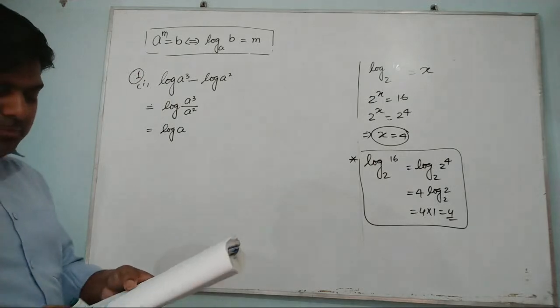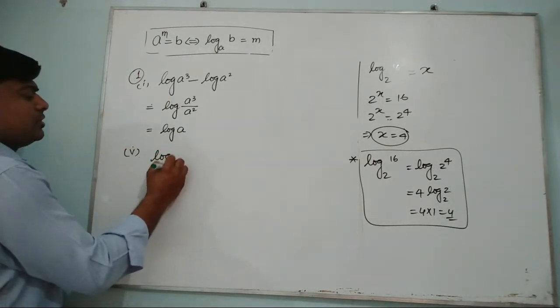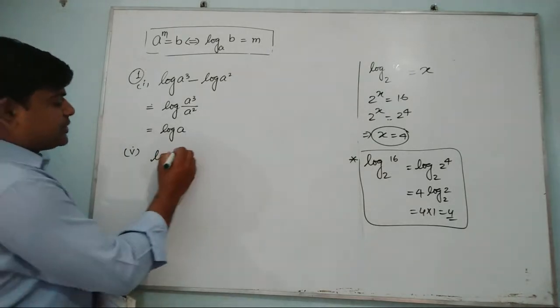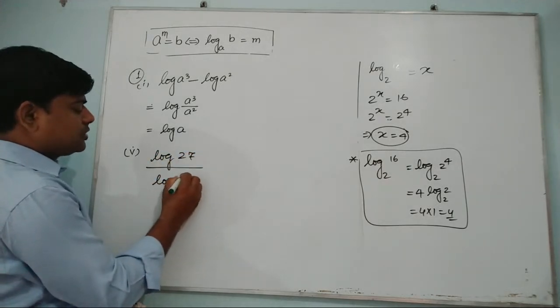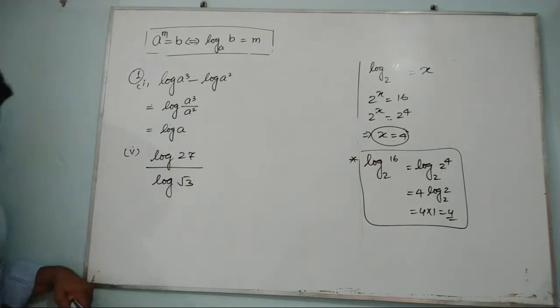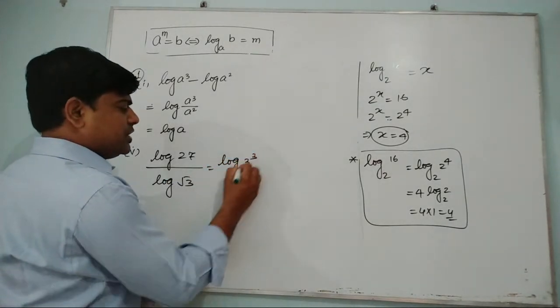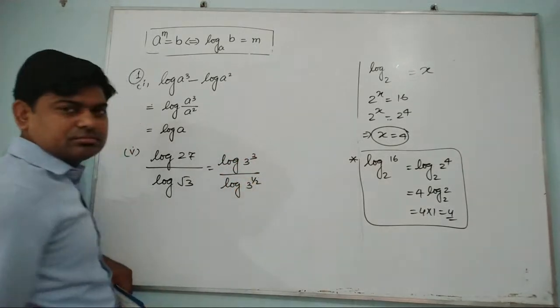Now one more part I am going to do, that is the fifth part. It's written log 27 upon log root 3. Now tell me, it can be written as log 3 to the power 3 upon log 3 to the power 1 upon 2.